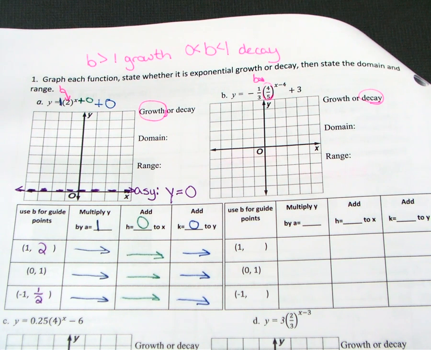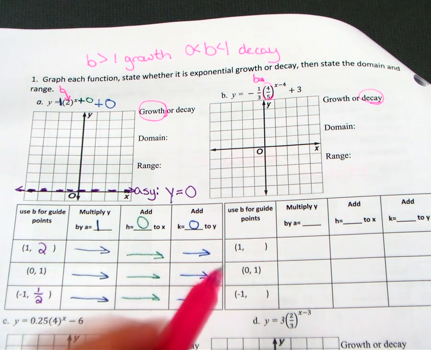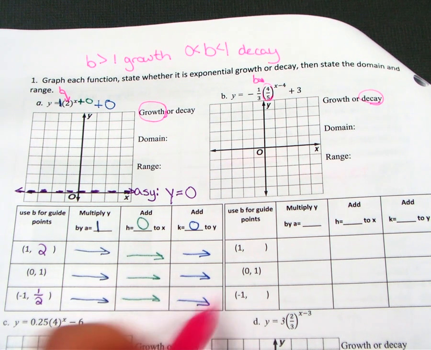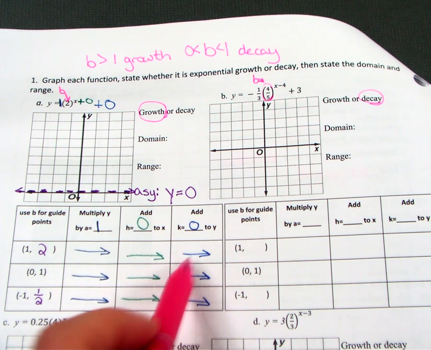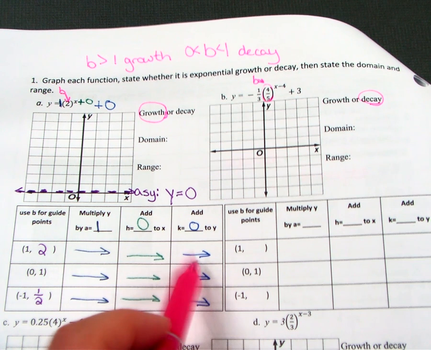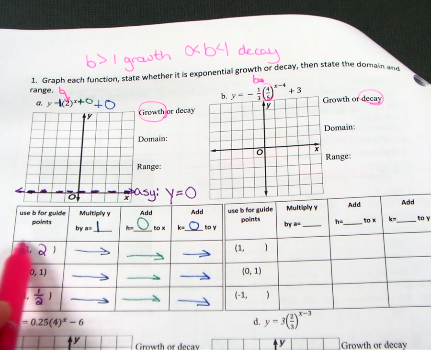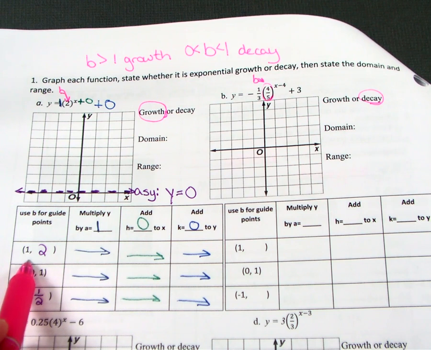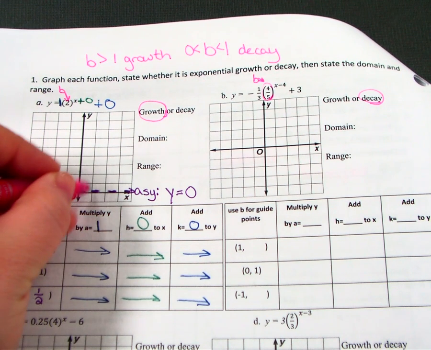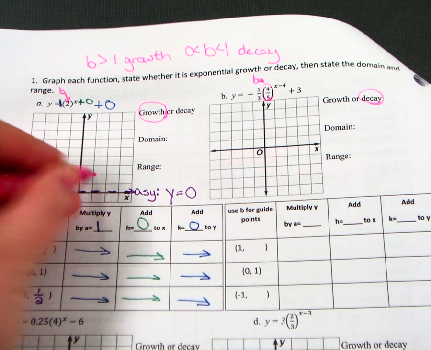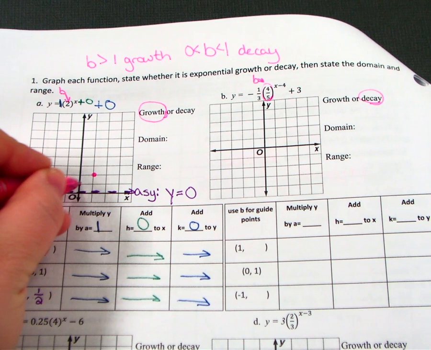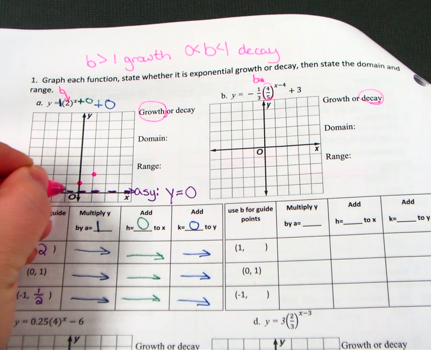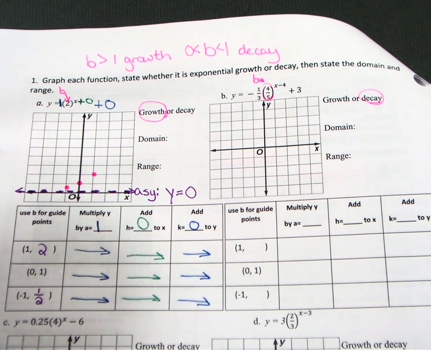So I'm going to plot our points now in pink. Our ending column here is the points that you would plot. Since our ending column here ended in arrows, that means that I need to go back to the first place that I had points. That's at 1, 2, 0, 1, and -1, 1 over 2.